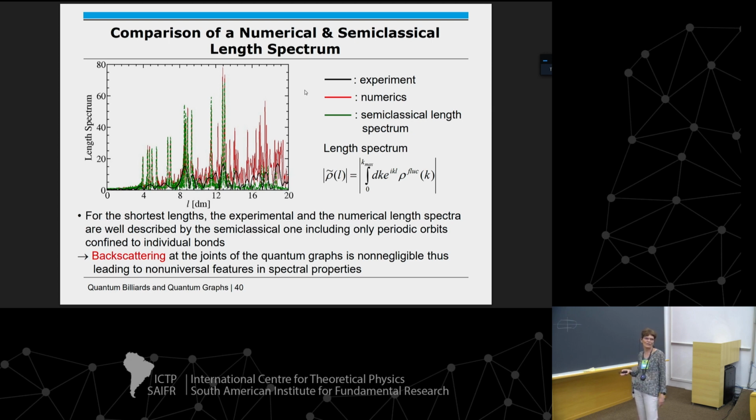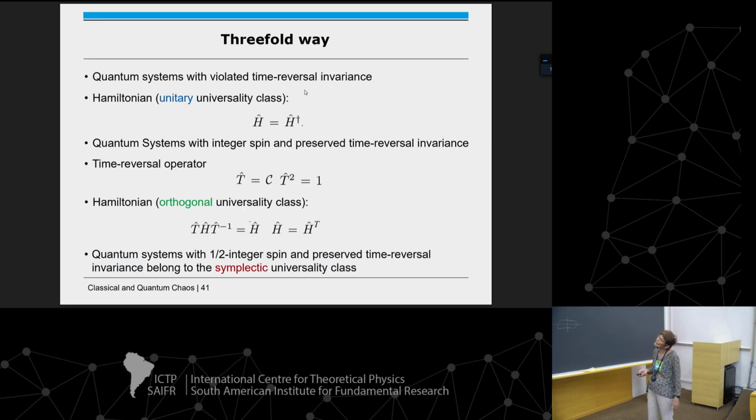Then you will see deviations from what you expect for a typical chaotic system, because simply you have a reduction of the complexity of your wave dynamics. So the complexity really depends on how the waves entering a vertex couple to each other, so the phases of them. And if you now forbid going back, then you will have a lack of chaoticity.